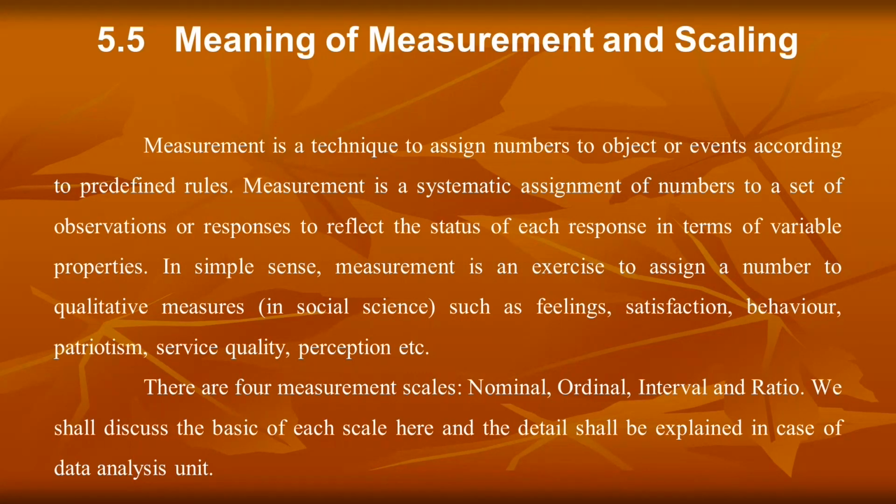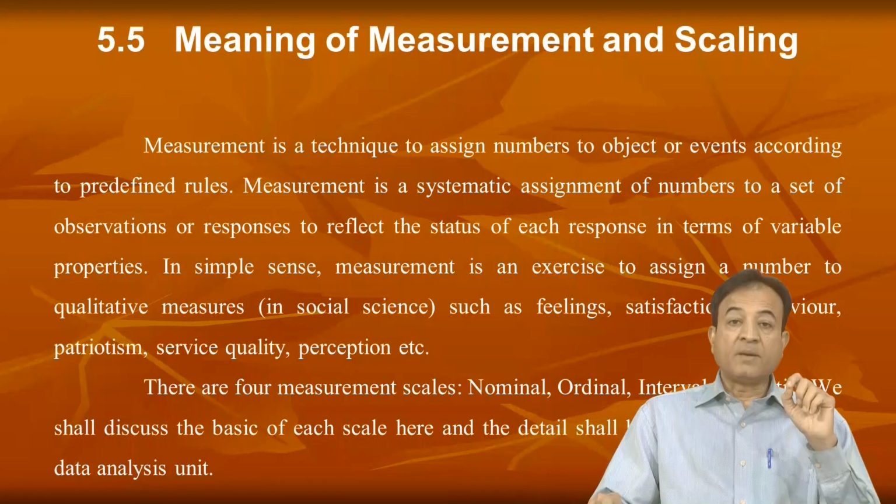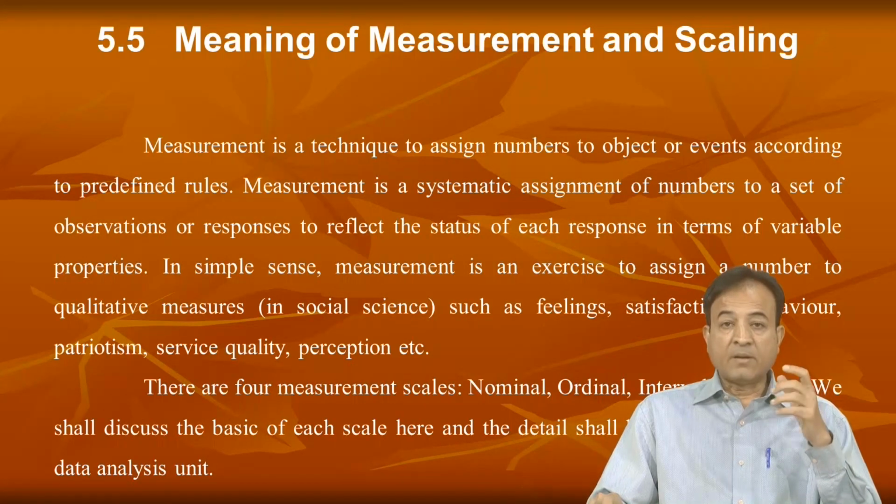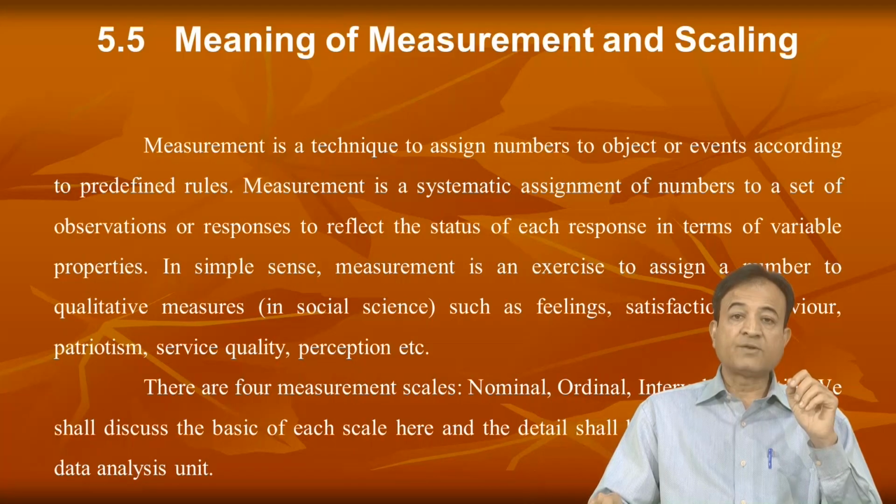Then ordinal is a measurement scale that arranges the object or event in a sequence. For example, in MBA admission process, merit number is an example of the same. Interval is a measurement scale that both arranges the objects or event and also measures the difference between them.